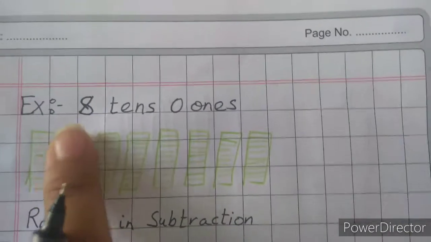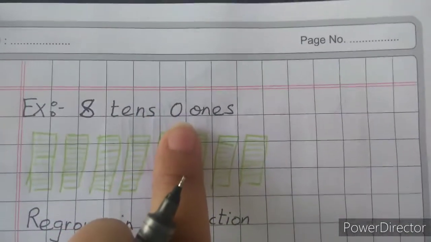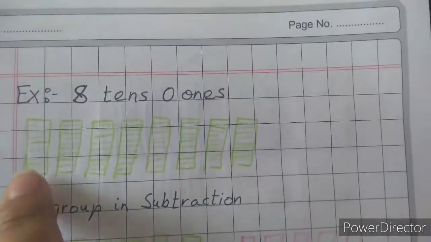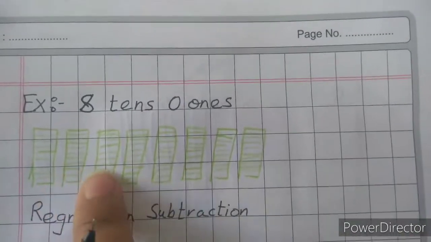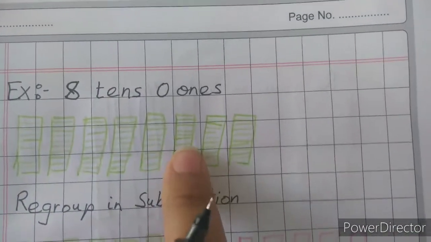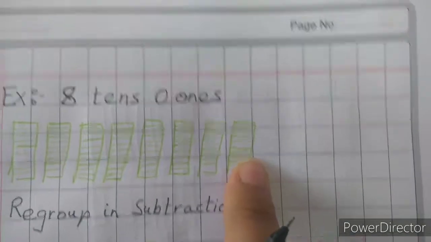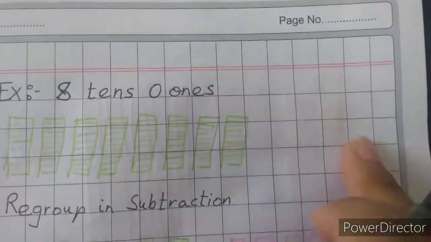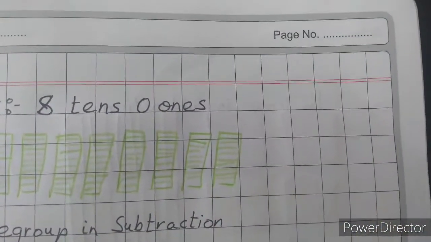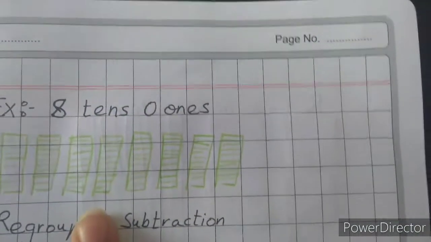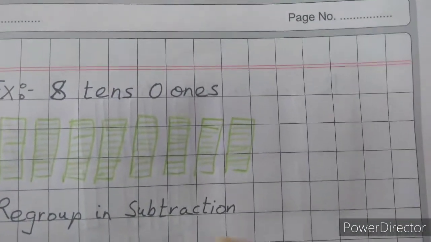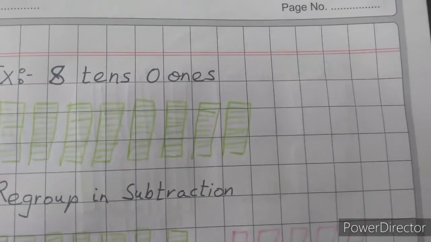Let us take one more example. 8 tens and 0 ones. 8 tens means how many blocks of tens? 1, 2, 3, 4, 5, 6, 7, 8. There are 8 tens, and as there are no ones, we will not make any block for ones. Now we have to regroup for subtraction.